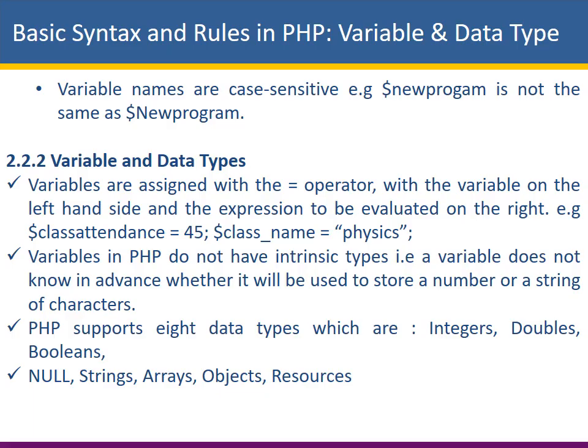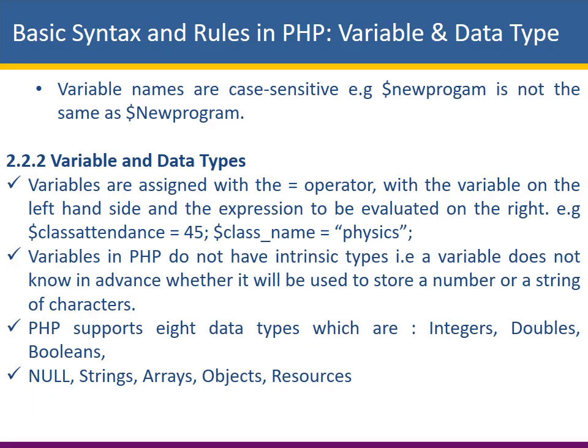Another one, starting with $, class_name, we can see the underscore between the two words, equal to a double quoted string, ending with a semicolon. So we can see how the equal to operator is used.